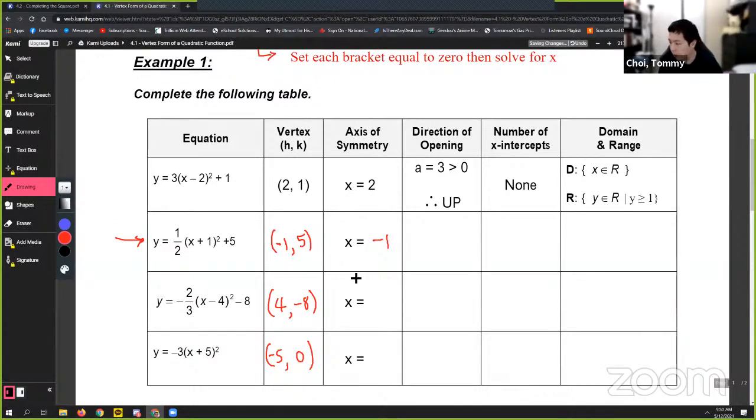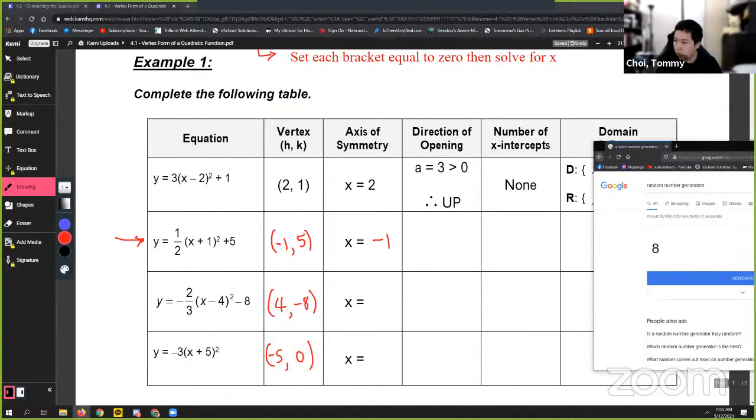Yes, -1 is correct. Perfect. So x equals -1. You're honestly just taking the x value of the vertex. That is the axis of symmetry as it goes down through the vertex. Very good.